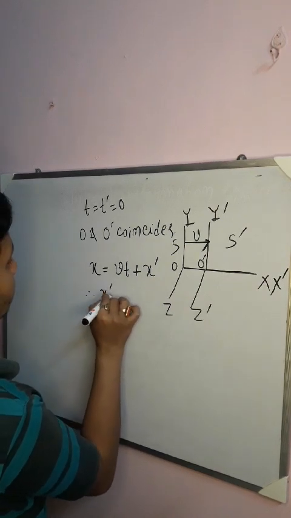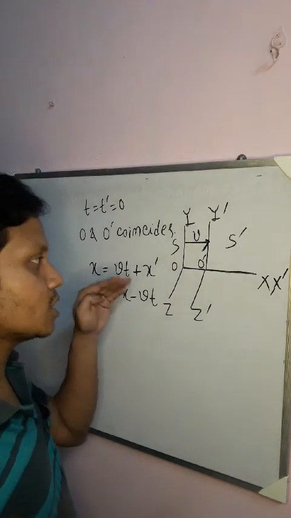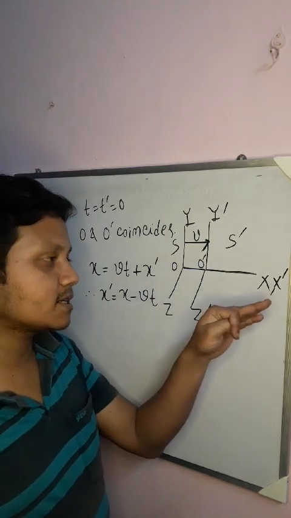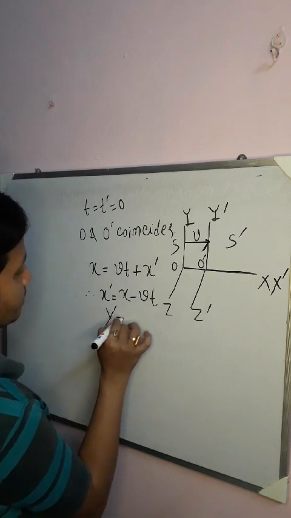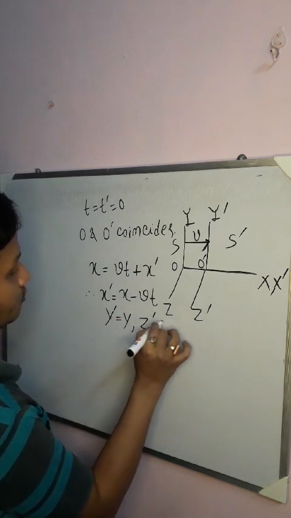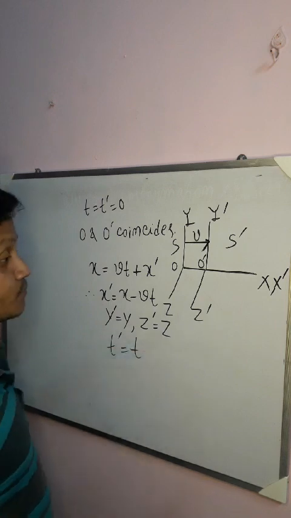So X dash equals X minus Vt. Since the motion only takes place along the x-axis, the y and z coordinates remain unchanged. That means y dash equals y, z dash equals z. And we also assume t equals t dash.